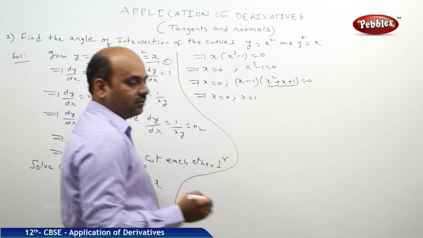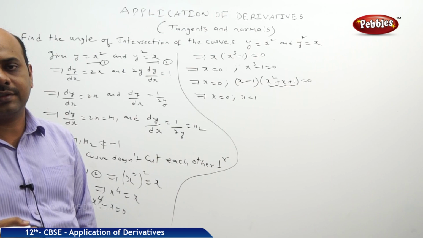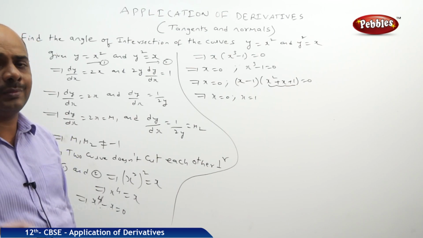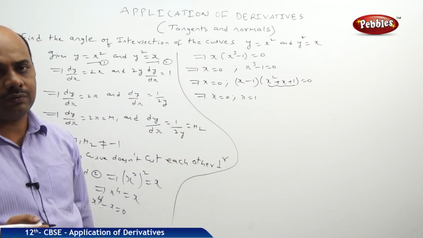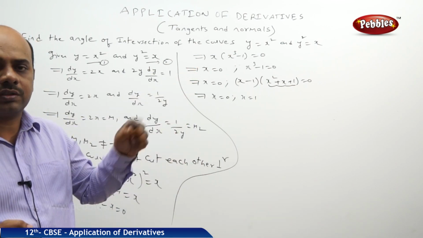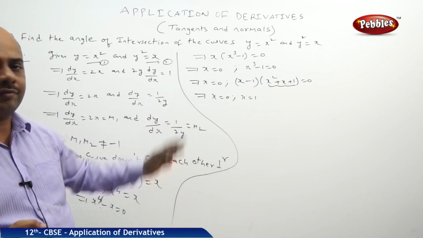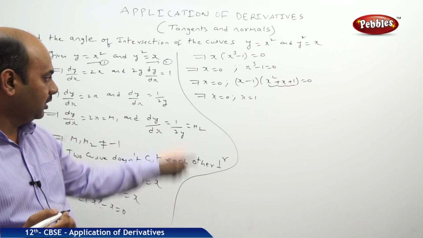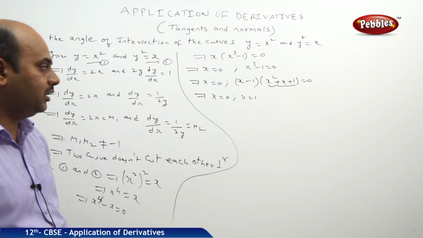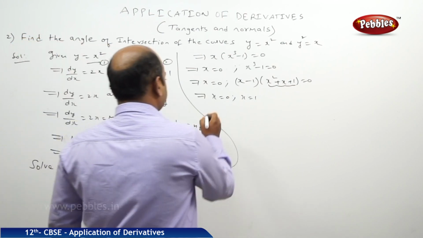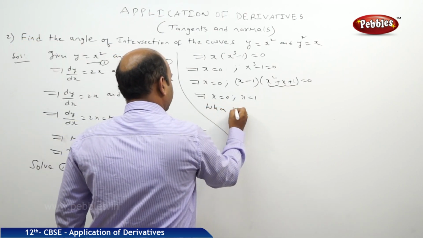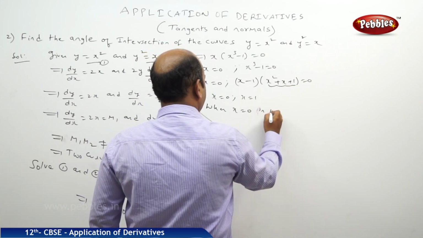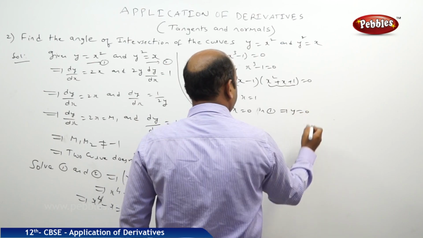The other factor we don't require, because we will be getting imaginary roots. How can we decide? The discriminant is less than 0. If you observe carefully, b square minus 4ac is less than 0, therefore we are getting imaginary roots. But here we are concerned with the real number system, therefore I am taking x is equal to 0 and x is equal to 1. When x is equal to 0 in equation 1, I am getting y is equal to 0.